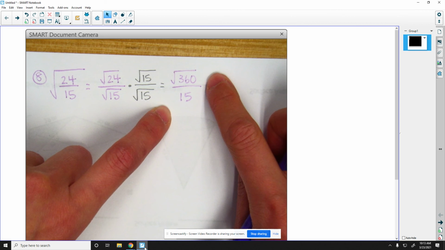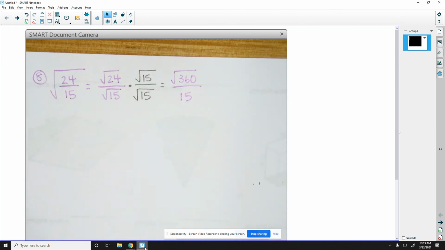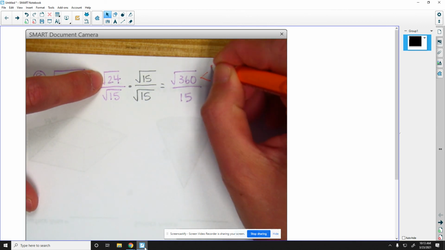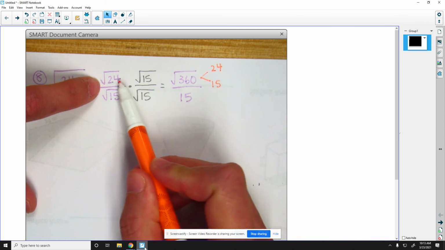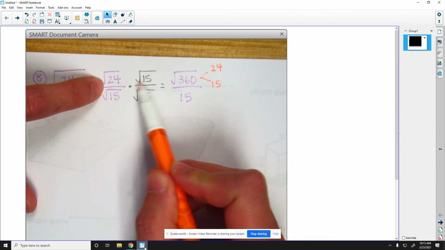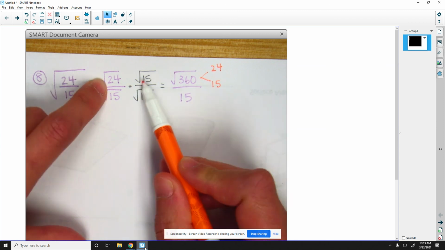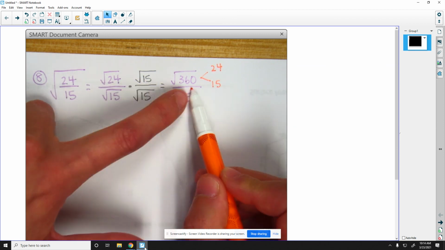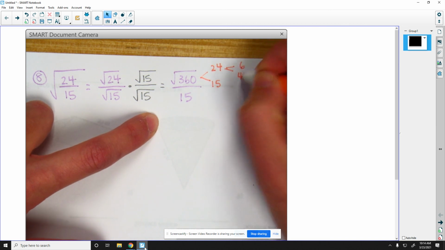So 360. I know it's like 10 and 36. I know it's 2 and so on. But to save you some time, isn't it also just 24 and 15? Didn't we just multiply 24 and 15 to get 360? So if I have to simplify it, I might as well just use these two factors. 24 is 6 times 4.